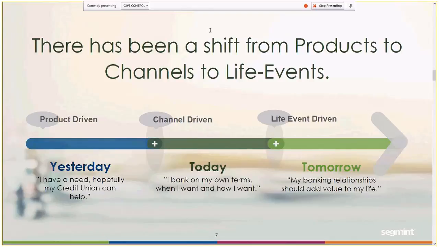And that's still there, but that's evolving and has shifted and changed a little bit to members that have expectations around wanting to handle their banking on their own terms and in the channels that they prefer to operate within.